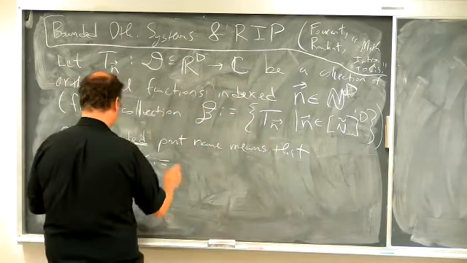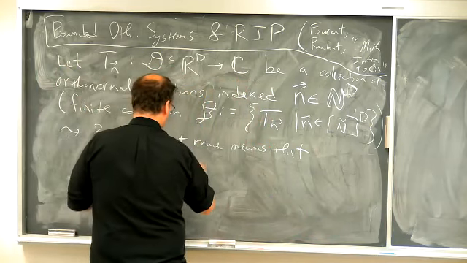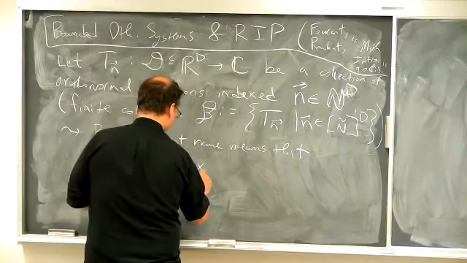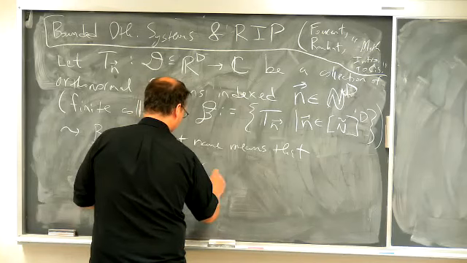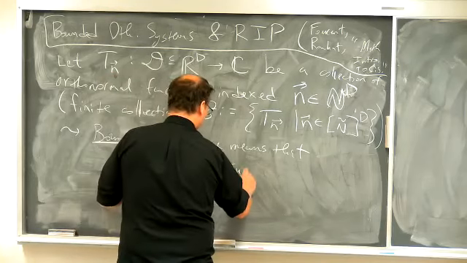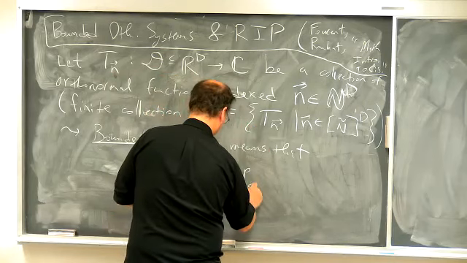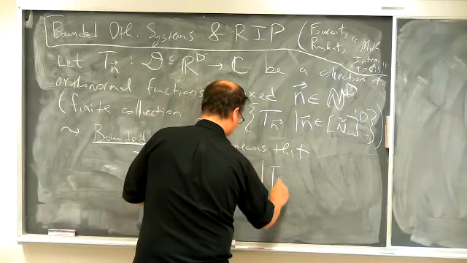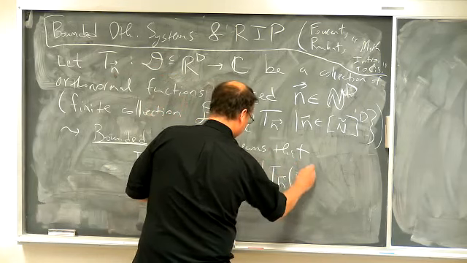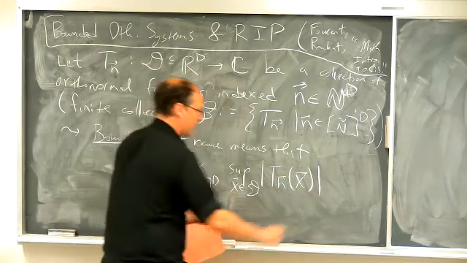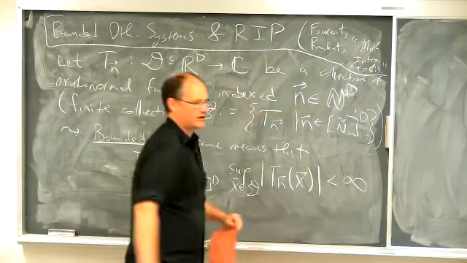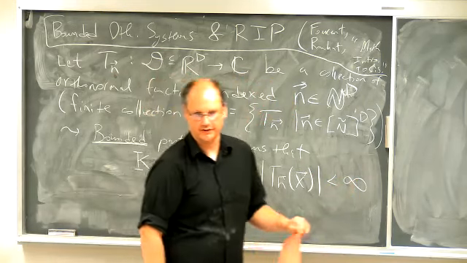It's just a number. It's going to be the maximum over my basis functions that I care about of the infinity norms of these functions. And it's going to be less than infinity, certainly, and hopefully close to 1.